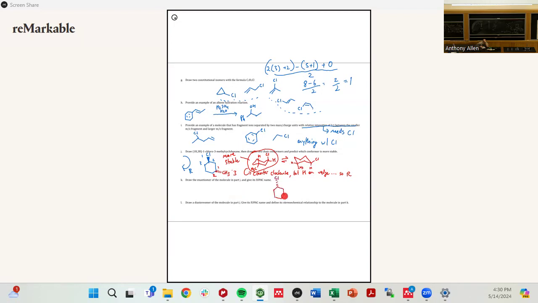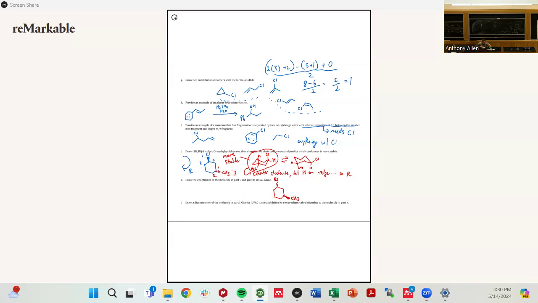And then what needs to happen here? But being able to quickly identify stereochemical relationships by switching wedges and dashes, that'd be a good skill to have.